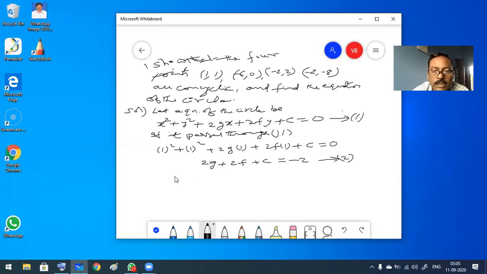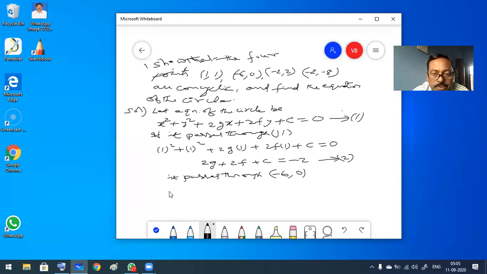In the same way, it passes through (-6, 0). Then x is equal to -6 and y is equal to 0 are substituted in the general equation 1.